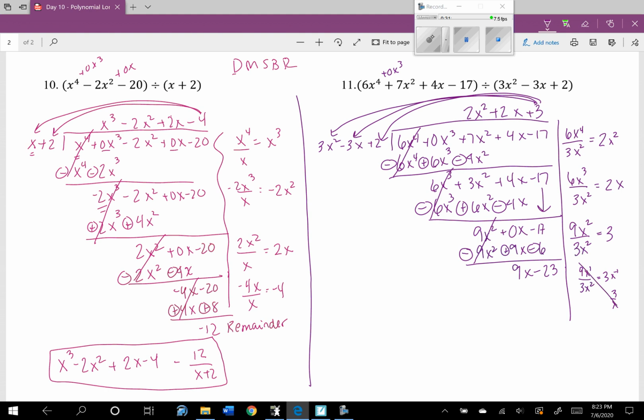So we don't want to have those in our denominator unless it's a remainder, so that tells me that this is the remainder. So the answer to this division problem is 2x squared plus 2x plus 3, and then plus 9x minus 23 over 3x squared minus 3x plus 2.